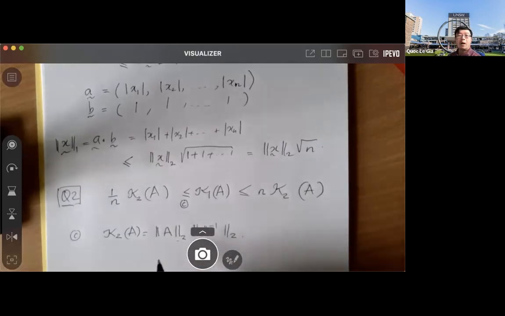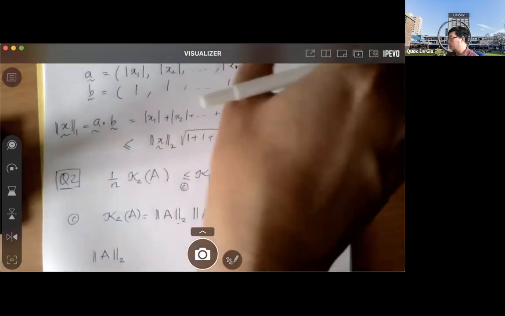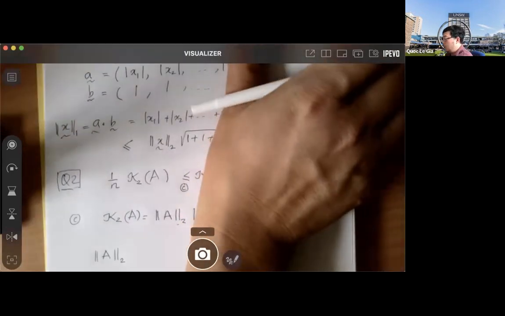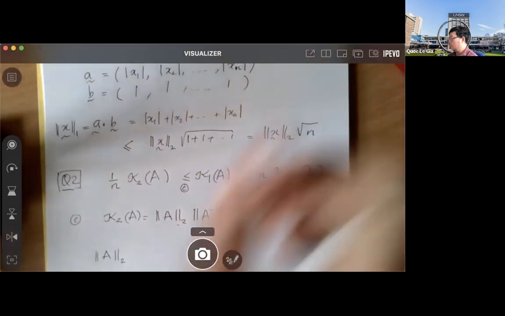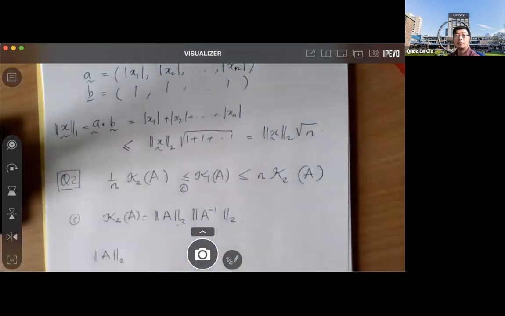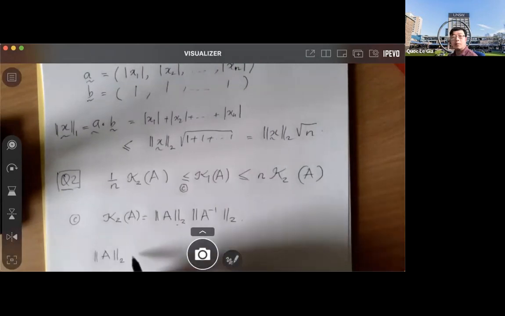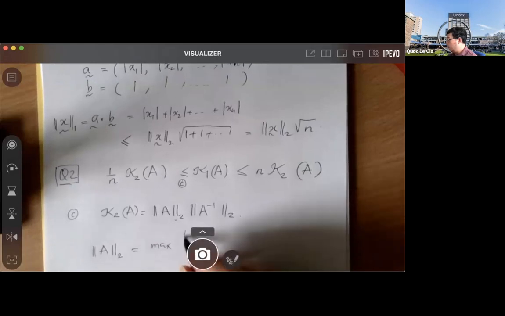Now if I look at the norm of the matrix A in the two norm, by definition, this two norm will be the max of the two norm of AV over the two norm of V, max over V non-zero.